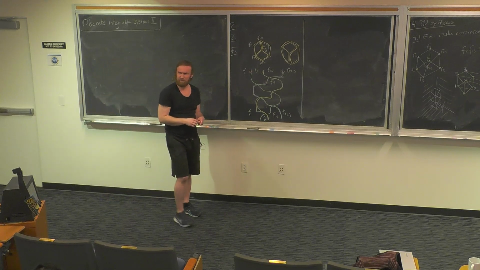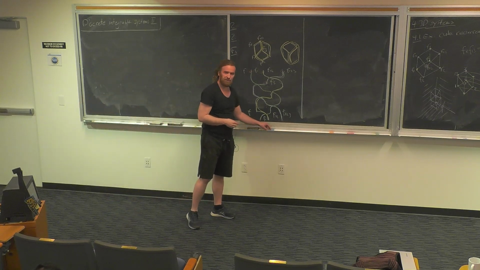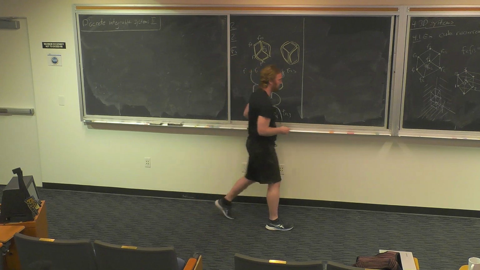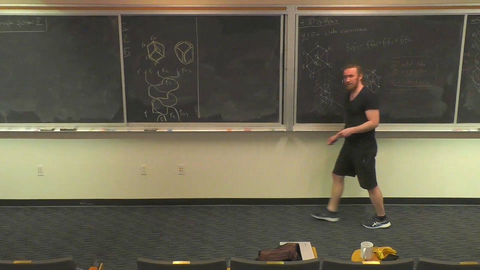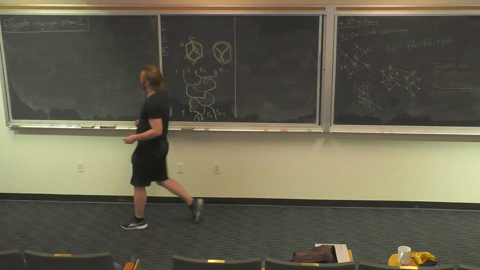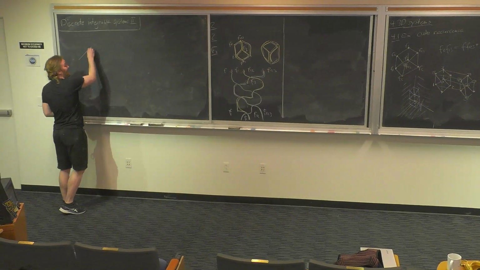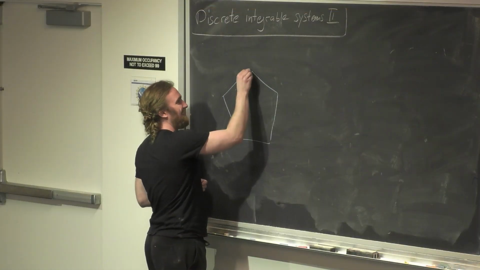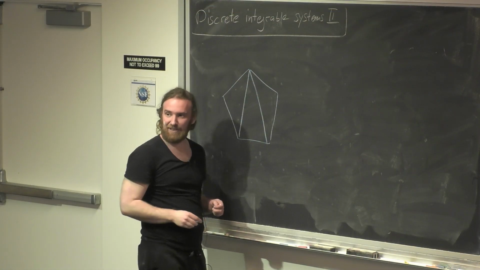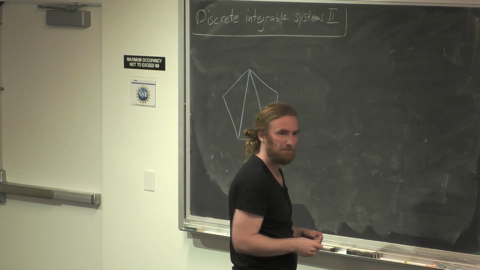I'll go with the example that I think we saw first in Pasha's talk, which was triangulations. So I look at the pentagon, surprise, and the triangulation of the pentagon.